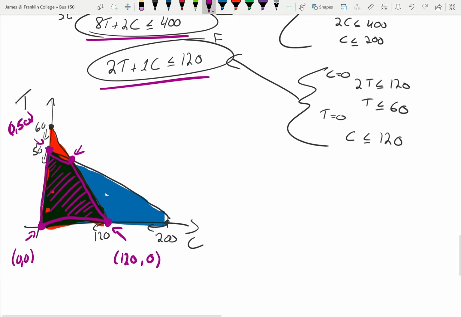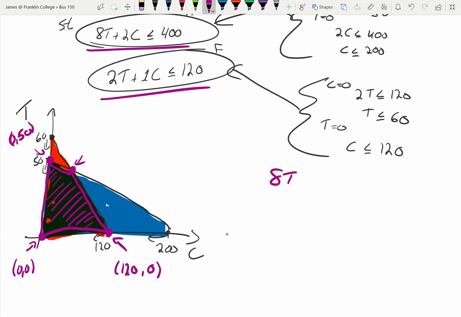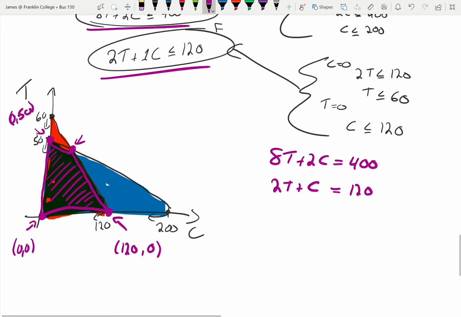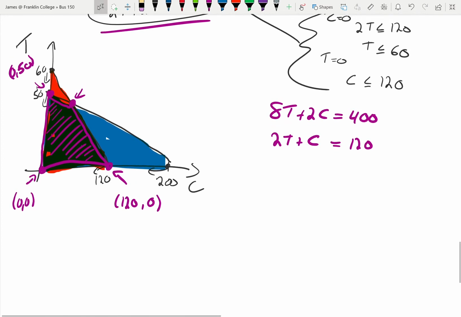So we're going to have 8t plus 2c equals 400, and we have 2t plus c equals 120. We've got to figure out where those 2 lines intersect, and that will give us the c and t value for that point there.